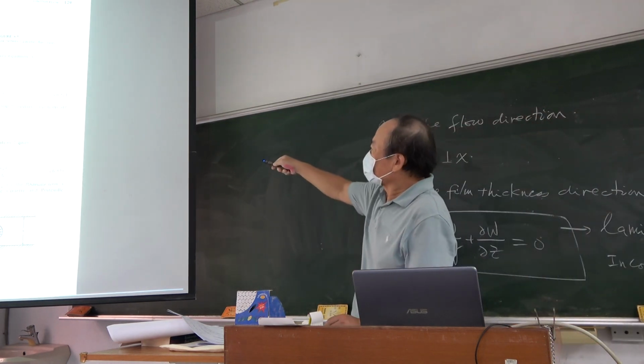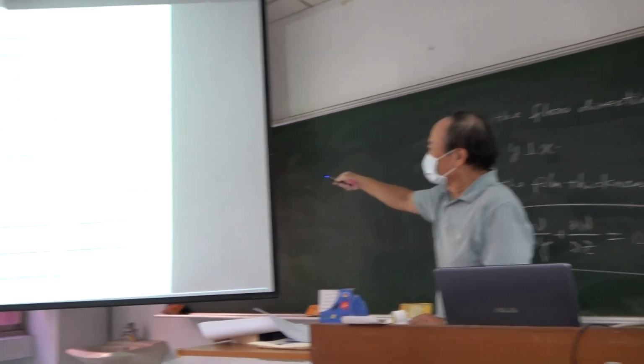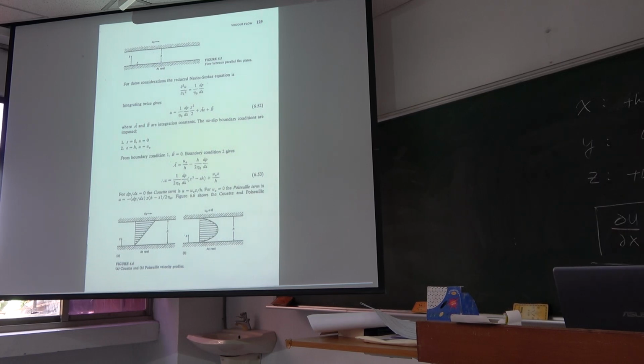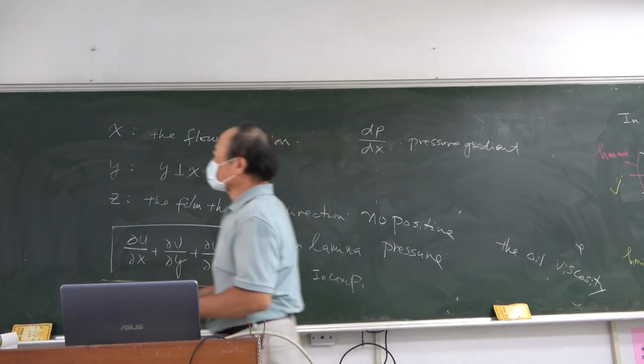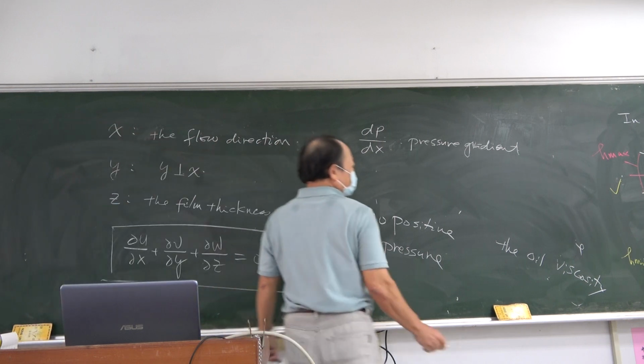Here the velocity varies with the z direction, and then we have the pressure gradient, dp/dx. For two parallel plates with the upper plate moving with velocity U, you'll find that your velocity looks like this.